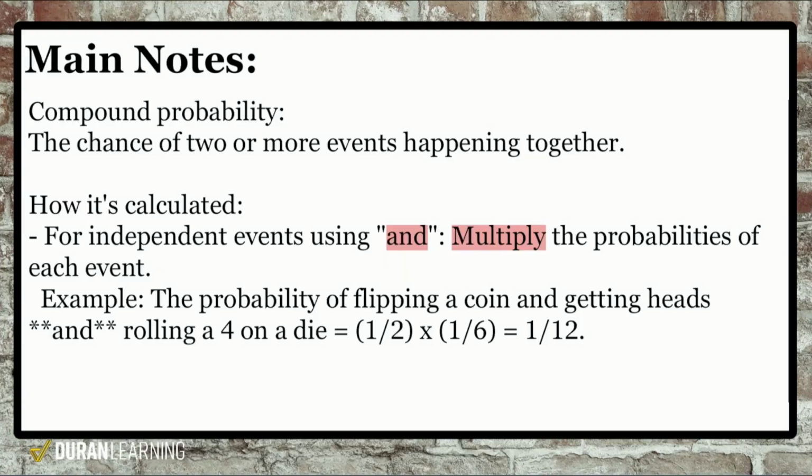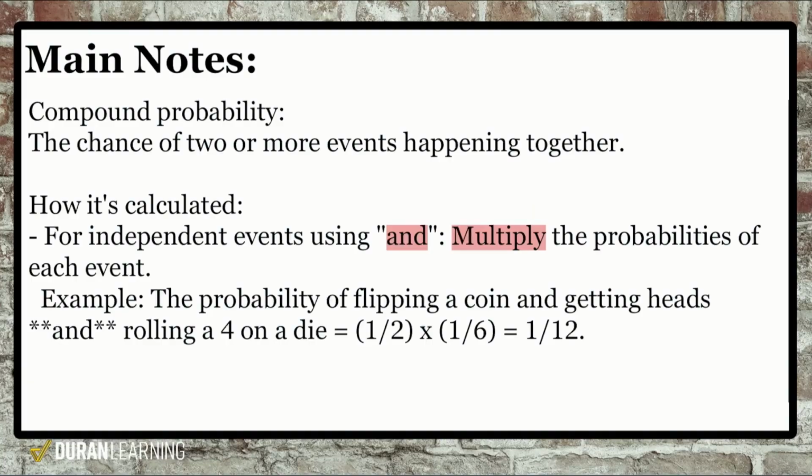When we want the probability of one thing from this one and one thing from that one happening at the same exact time, that is compound probability. When calculating compound probability, you'll see the word and all over, and what we'll do is multiply the individual probabilities.